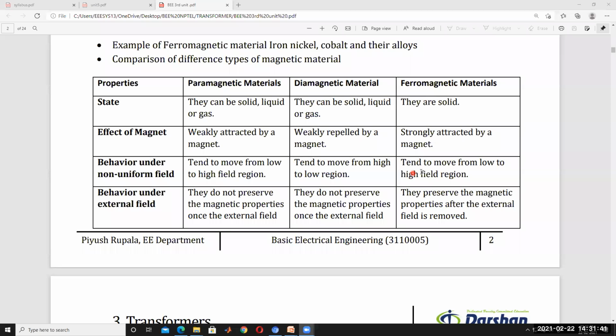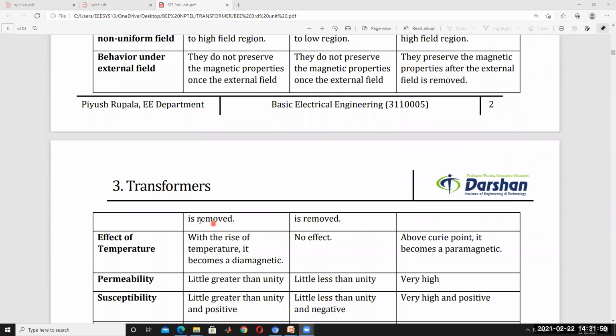Ferromagnetic materials move from the low field region to the high field region. Under an external field, paramagnetic materials do not preserve the magnetic properties once the external field is removed.